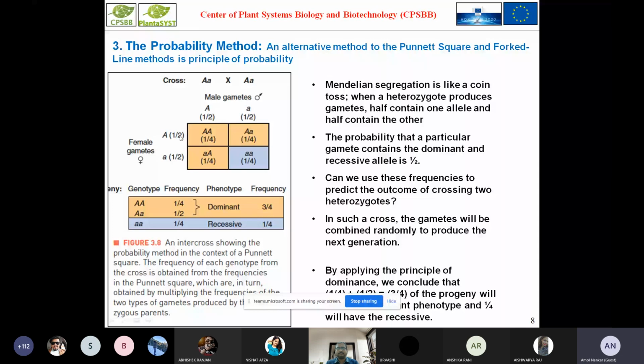And the answer is yes. But how can we do it? The gametes combine randomly, meaning they are independently assorted, and then after fertilization, they are assorted to the next generation.